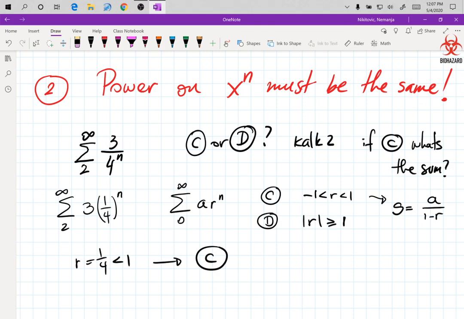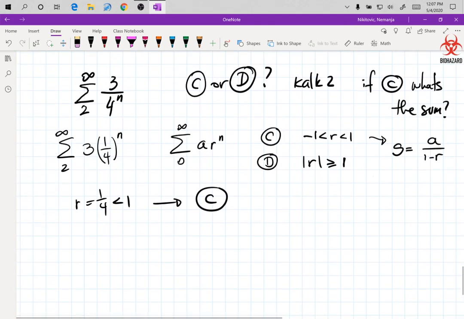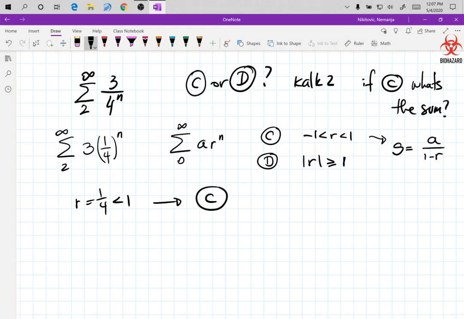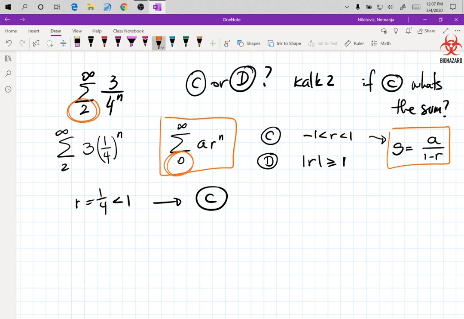That's it. Now, the issue is, if it converges, what's the sum? We have to use the formula. Now, if you are any good in reading formulas, you are careful to see that the formula for the sum will work only if that's a 0. In our case, it's not.